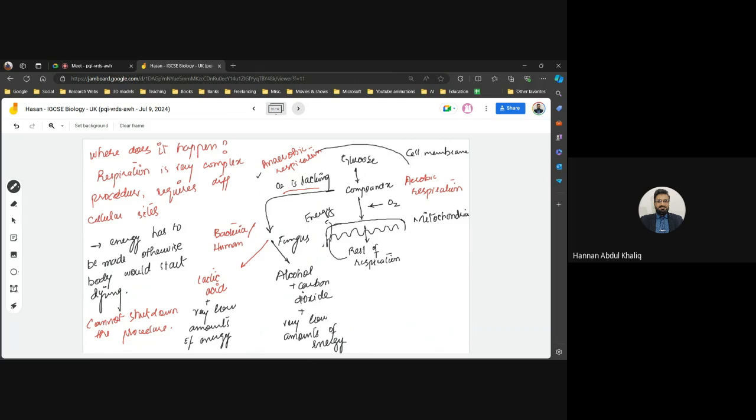So now you can easily see that when the compounds are broken, there are certain conditions that have to be fulfilled.